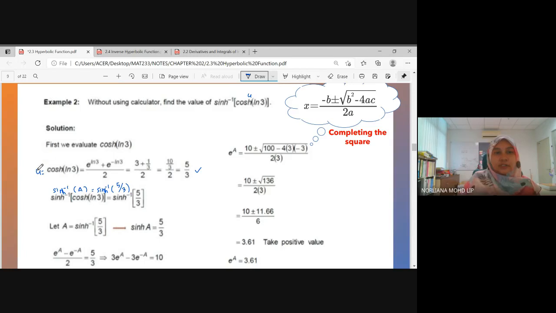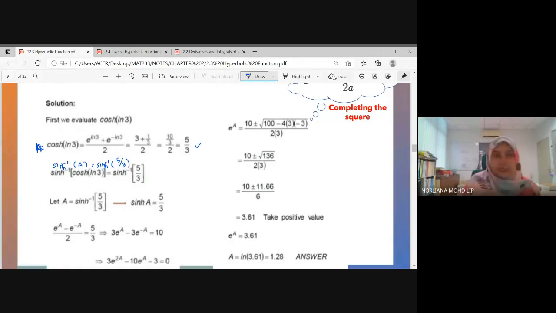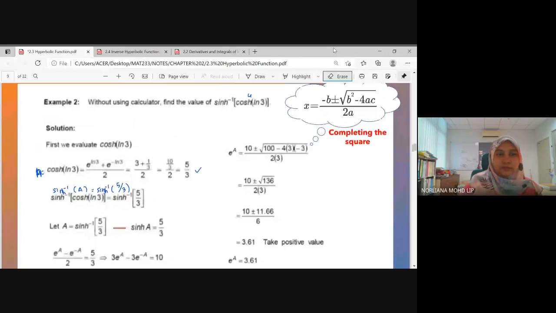Try using a. Okay, if that, use another. Earlier what did we use? u. So change this to u. So u, the inverse of hyperbolic sine, is equal to the inverse of hyperbolic sine 5 over 3. So let A equal to the inverse of hyperbolic sine 5 over 3.